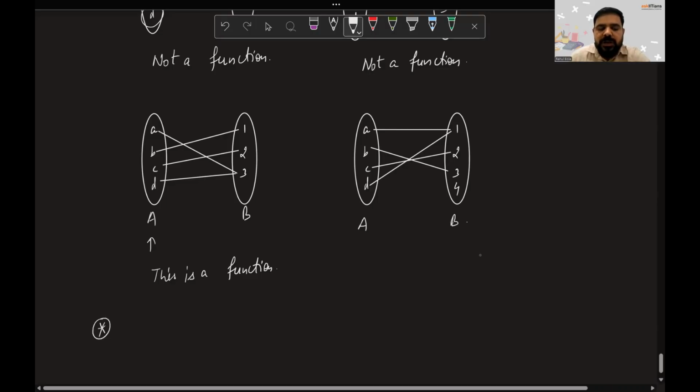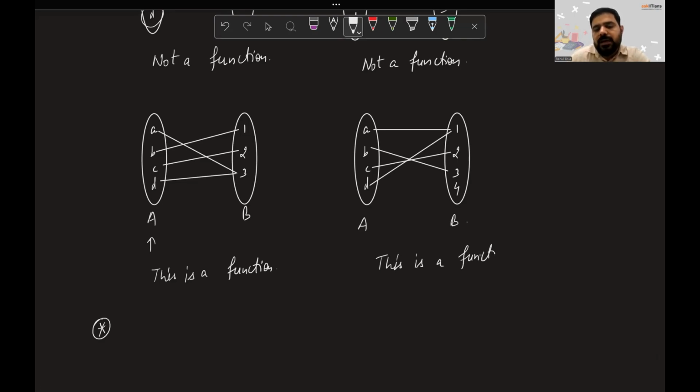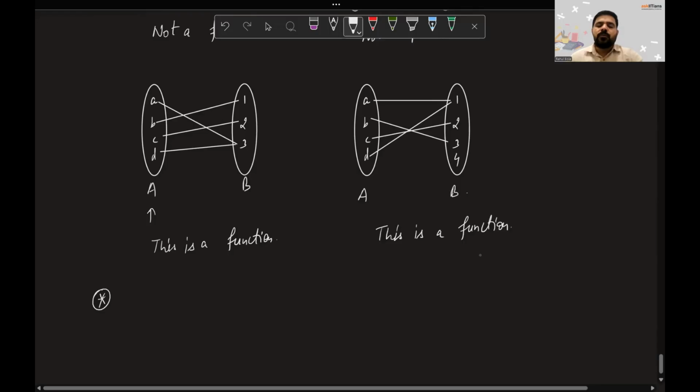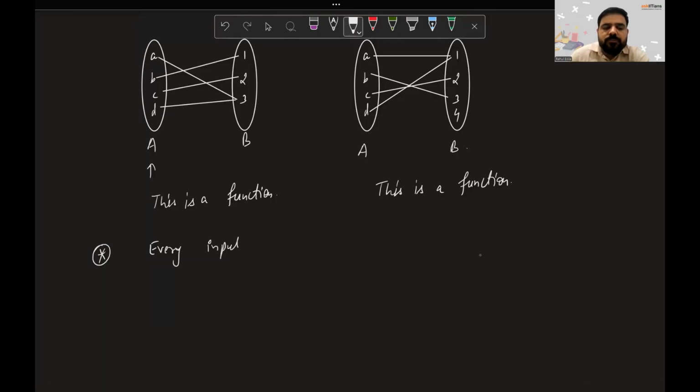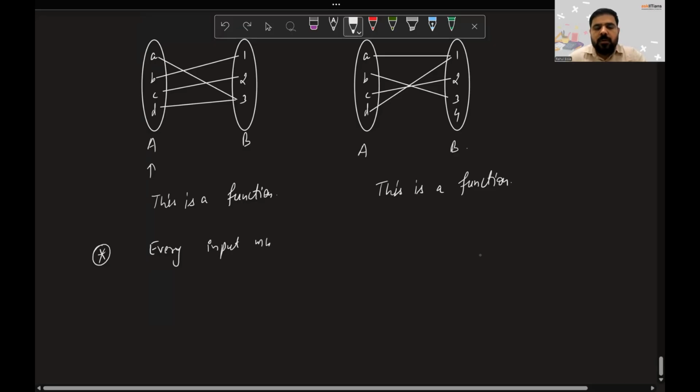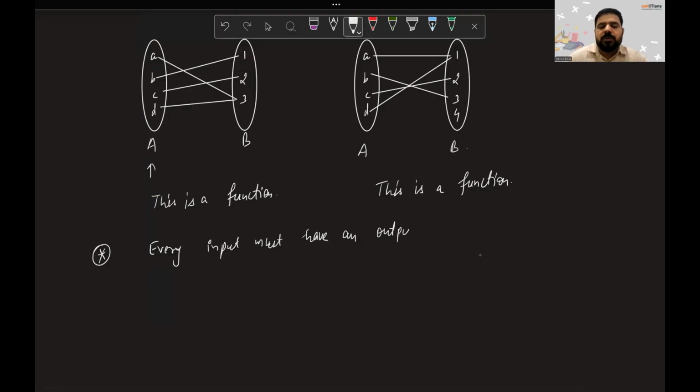So if I try to say this in layman terms, firstly, this is a function. What else we need to understand is: every input must have an output. This is the first condition that we need to have.